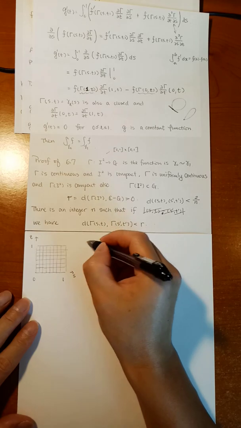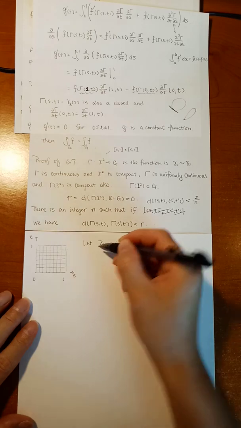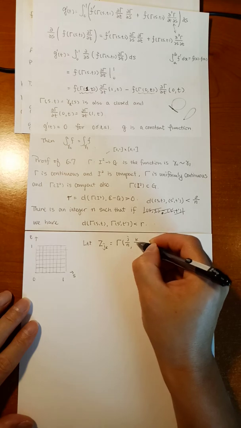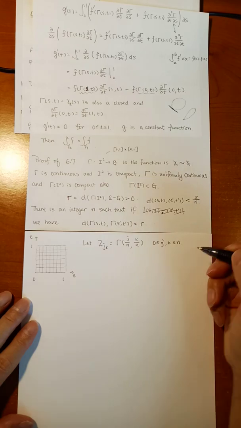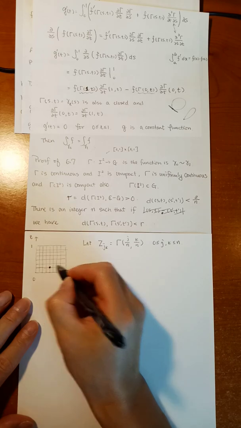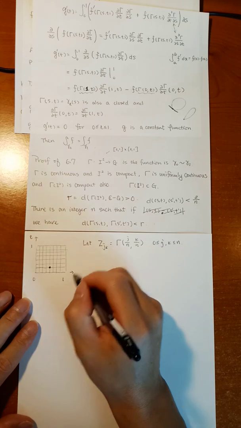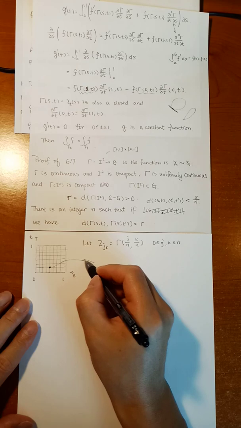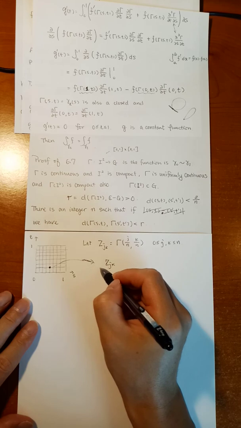See here, let capital ZJK be gamma of J over N, K over N. Here J, K are between 0 and N. So what is that? Each point has S coordinate J over N, T coordinate K over N, and it is mapped to the point ZJK. This point is ZJK.